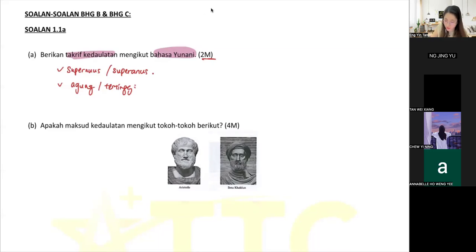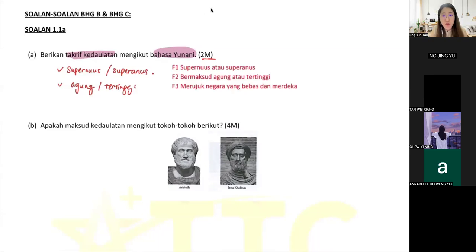You can say takrif kedaulatan mengikut bahasa Yunani ialah supernus dan supraanus yang bermaksud agung atau tertinggi. You can say kedaulatan merujuk kepada negara yang bebas dan berdaulat. So form simple, short sentences. Everybody good? So very good.